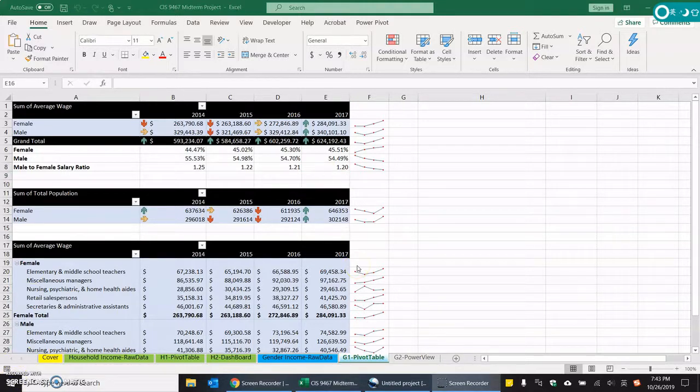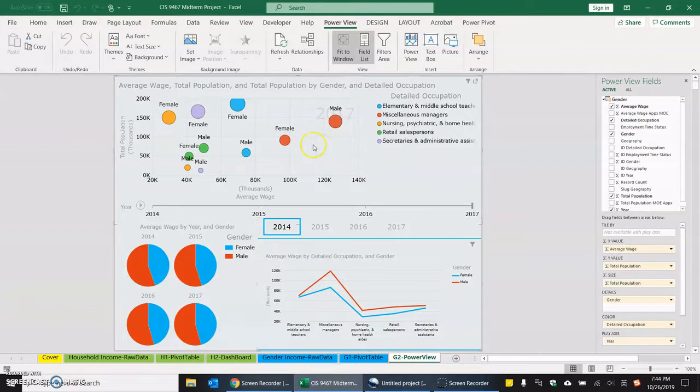And for this part, I decided to complete all the visualizations in Power View. As we can see here, there is a scatter graph, a pie chart, and a line chart, and everything is separated by the years.